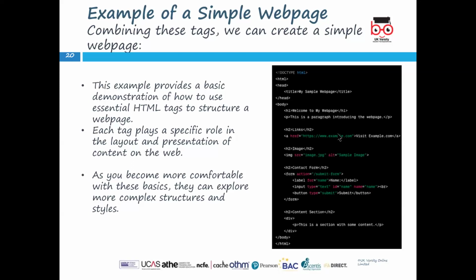Then with our second heading, we'll include a link to a website where we can add maybe another link to somewhere else, to an image. For example, here we have a link to an image. And also we have a link to forms. As I said, we can integrate forms, tables, and so on. And then once we've done all of this, we have to ensure that we close everything.